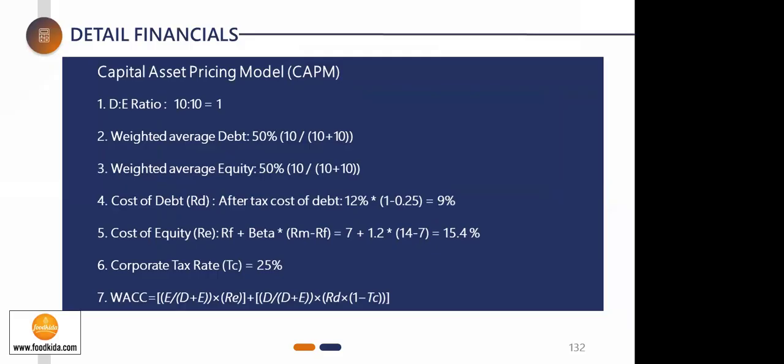So tax is applied after your interest is taken out. Since you deduct interest while calculating your business profits, we are accounting for that here. So hence RD into 1 minus corporate tax rate. Don't worry, we are going to do these calculations in an Excel sheet.